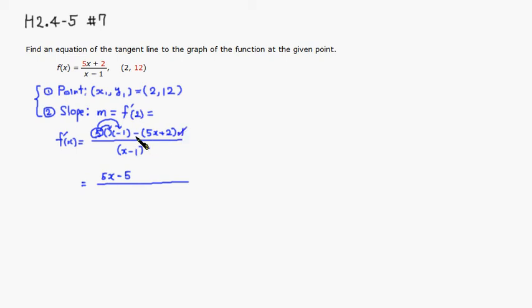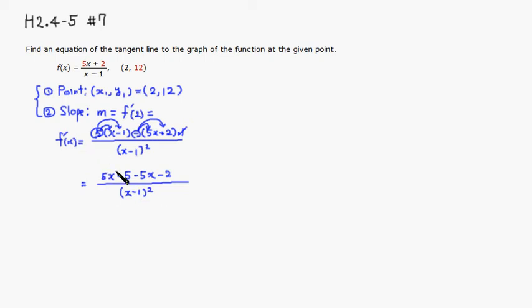And here we have to distribute the negative sign to both terms, so it's going to be negative 5x, then negative 2. Then the denominator stays the same, so x minus 1 quantity squared.